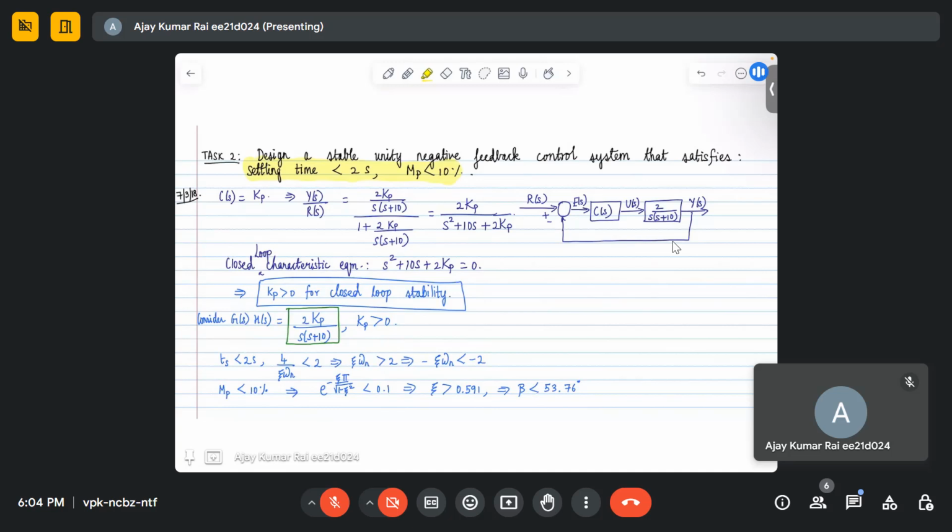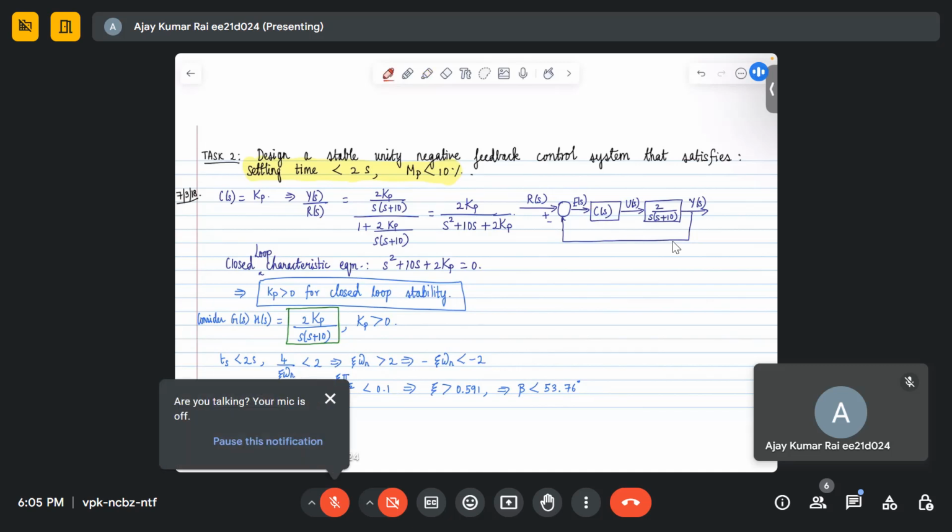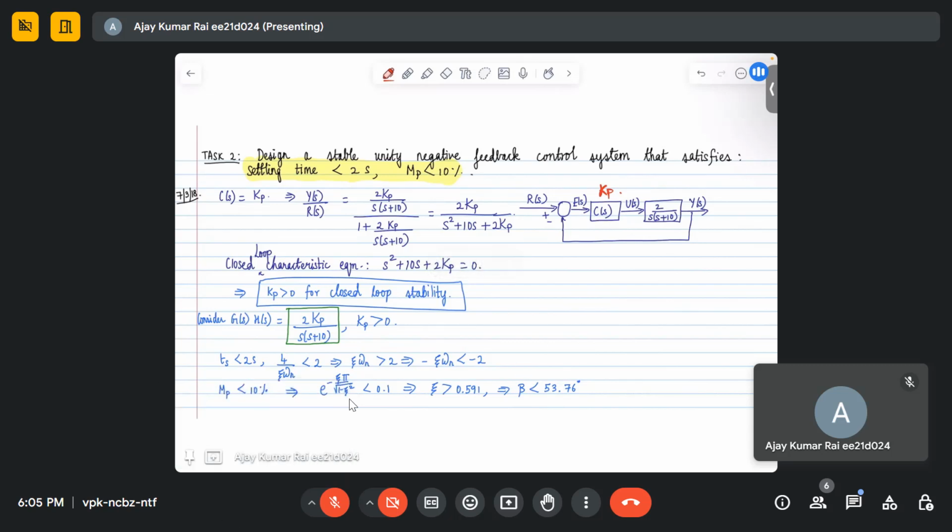In this particular case, we have just chosen a simple proportional controller, which only has a gain of kp. By using root locus, we are trying to get the range of kp so that we get a settling time under 2 seconds and Mp less than 10%. So what should be the value of kp?